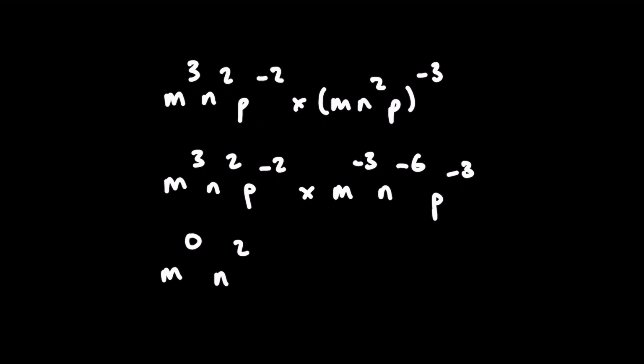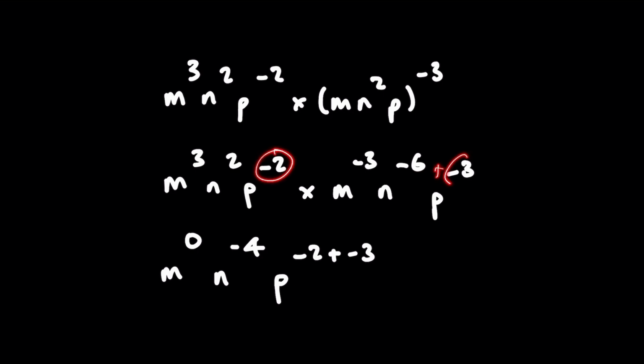Then we can do n to the power of 2 plus minus 6, and adding negative 6 is the same thing as taking away 6, and that's n to the power of minus 4. And lastly, we can do p to the power of minus 2 plus minus 3, which is the same thing as minus 5.